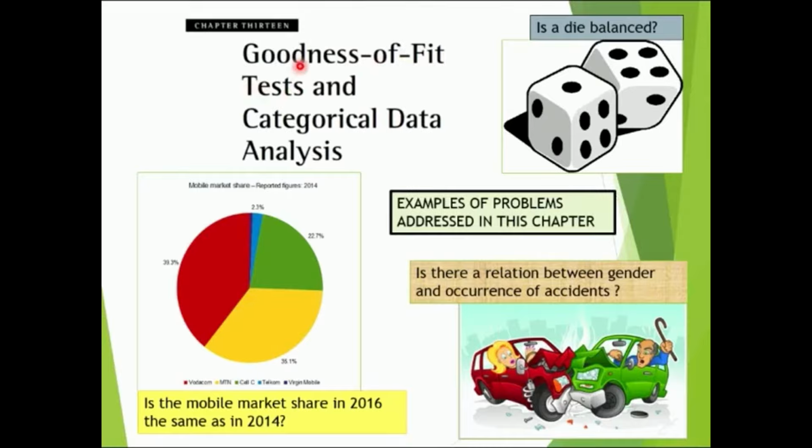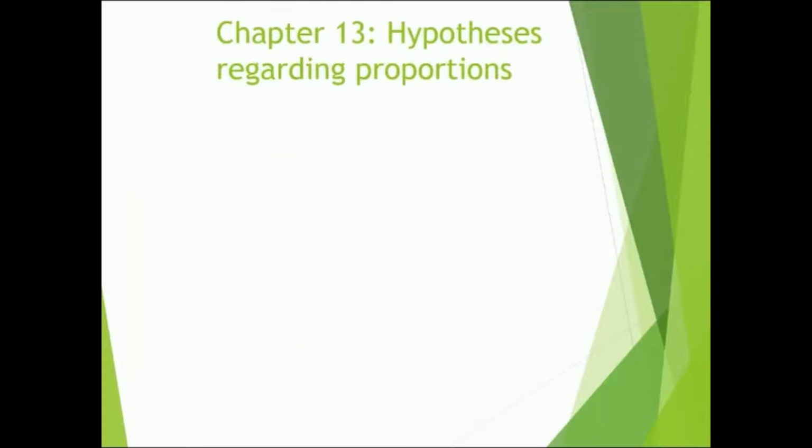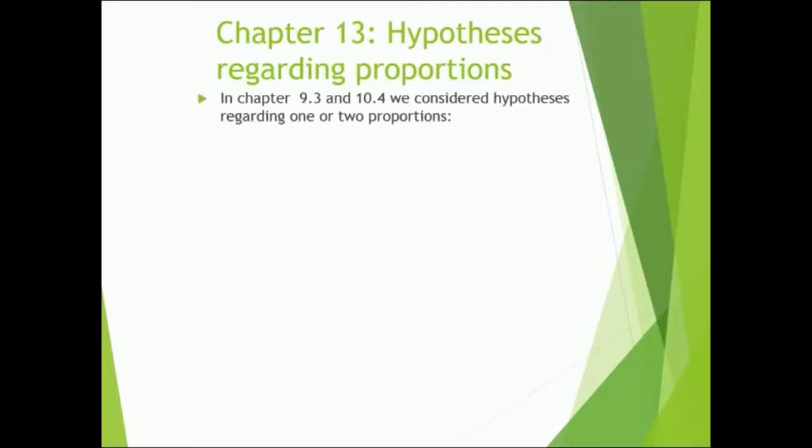So the hypothesis regarding proportions that we're going to look at is an extension of what you've seen before. In chapters 9.3 and 10.4, you considered hypotheses regarding one or two proportions. There's the summary of your single sample test for the equality of a proportion to a specific value.